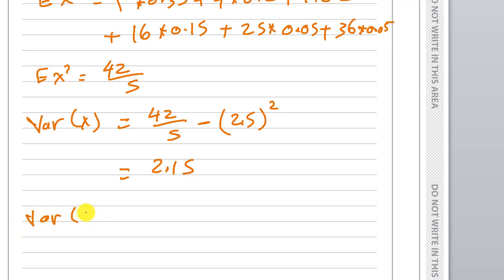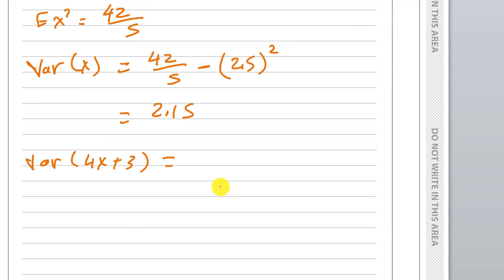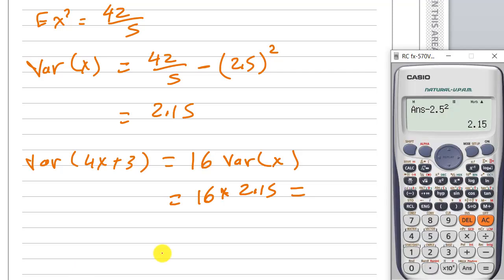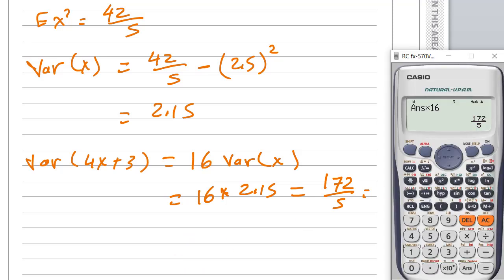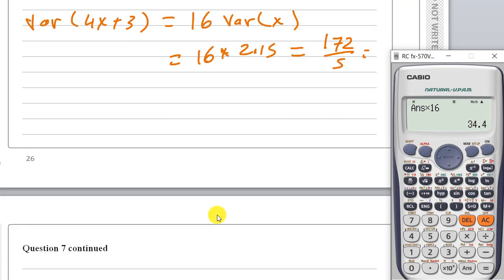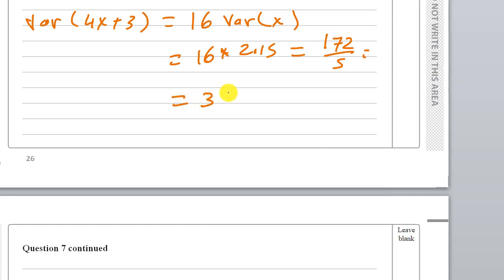So variance 4X plus 3 is equal to, again, 16 variance X. So it's equal to 16 multiplied by 2.15, which is 172 divided by 5, which is equal to 34.4. And this is the answer of this part.